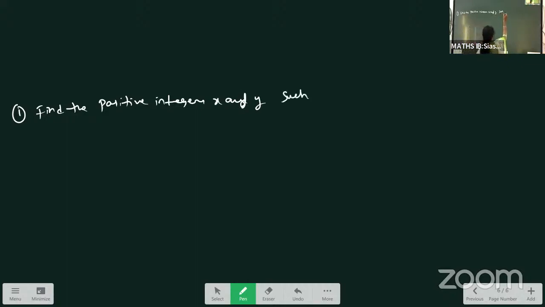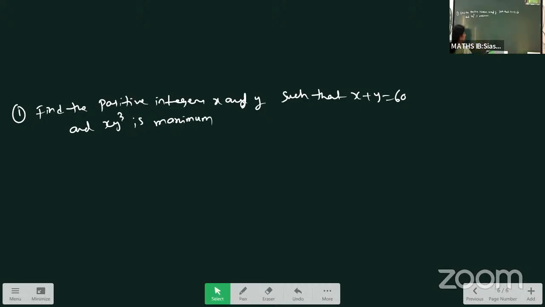Find the positive integers x and y, positive integers x and y such that x plus y is equal to 60 and xy cube is maximum. xy cube is maximum.